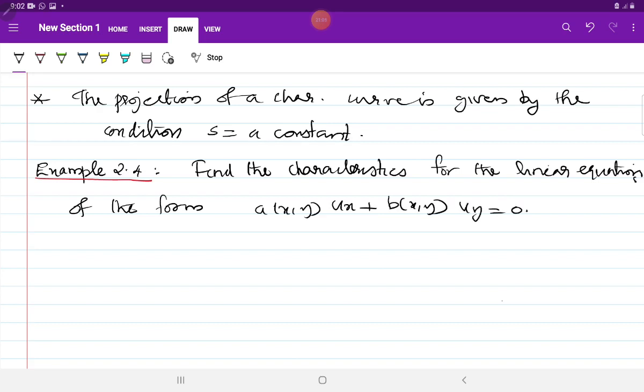This is the given equation whose right side is equal to 0, and a and b are functions of x and y which are independent of the variable t.